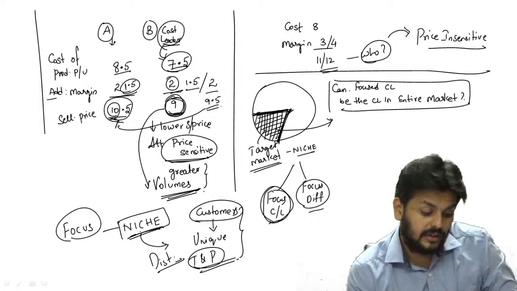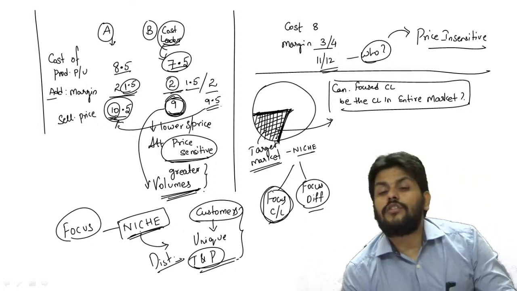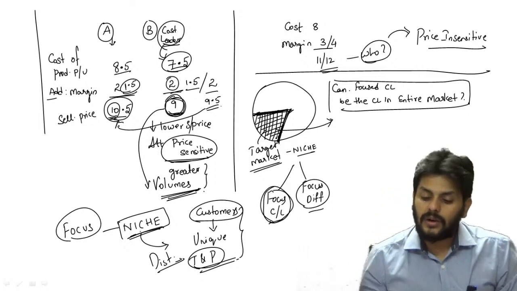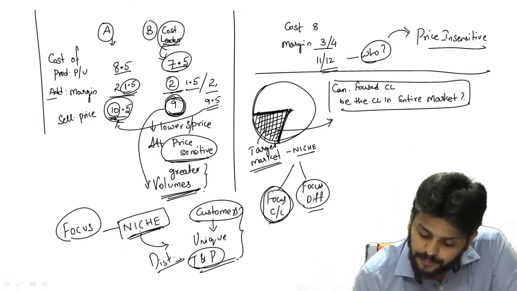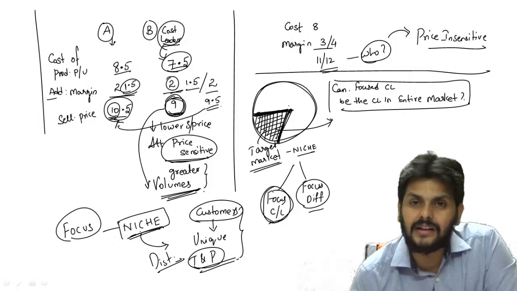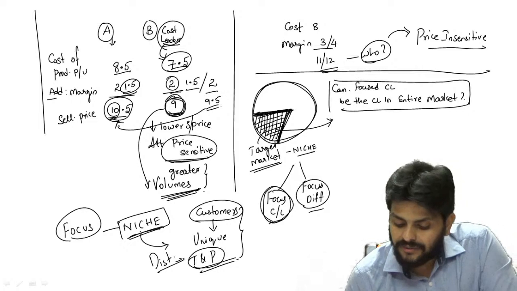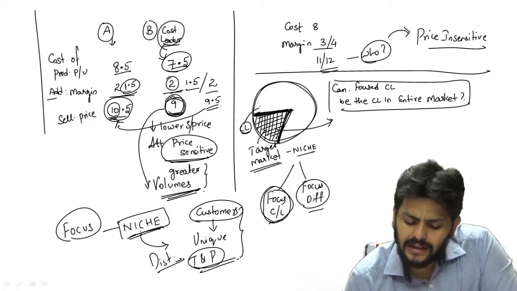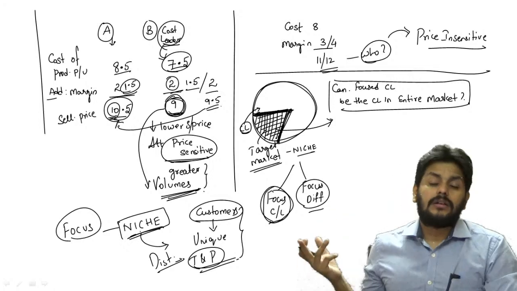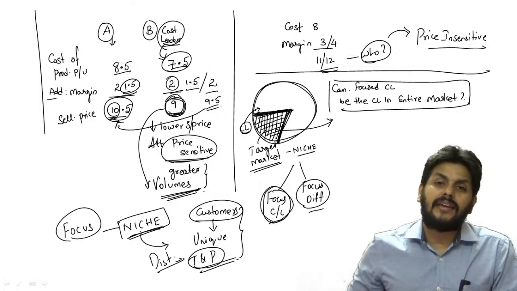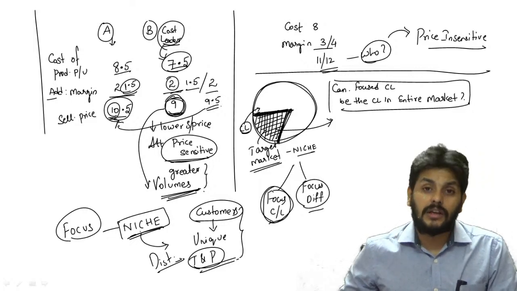Some people are saying restricted to the niche market. Okay, listen carefully. One thing that you understand, this entire circle, this piece also is part of the circle, no? If somebody is a cost leader inside the circle, better, why not? He may be the cost leader of the entire market also. You can't say he is not or he cannot be.